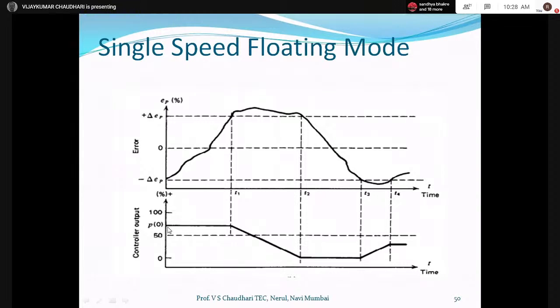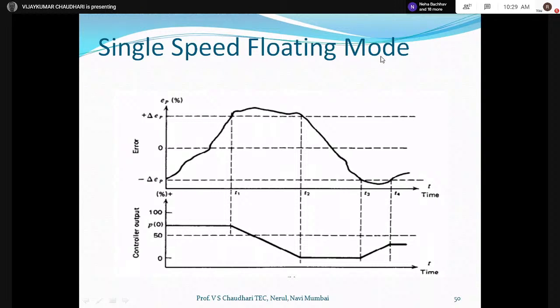So the previous value, P of 0, say 60%, continues. When the error is between minus delta E_p and plus delta E_p, the controller output continues to have the value of P of 0, that is 60%.